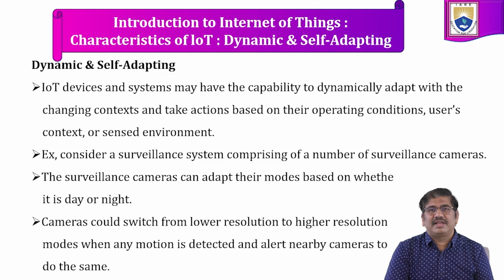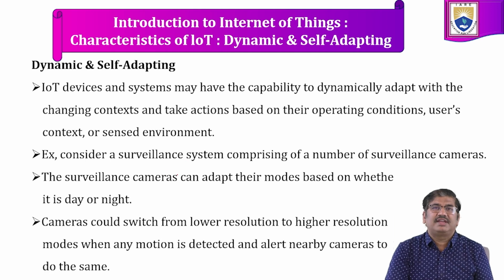Now we will see the characteristics in detail. Dynamic and self-adapting: IoT devices and systems may have the capability to dynamically adapt to changes in the context and take actions based on their operating conditions, user context or sensed environment.